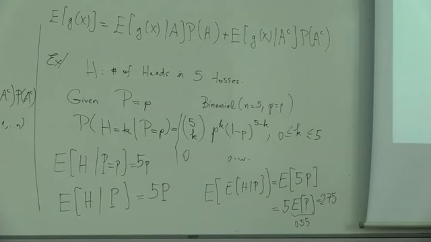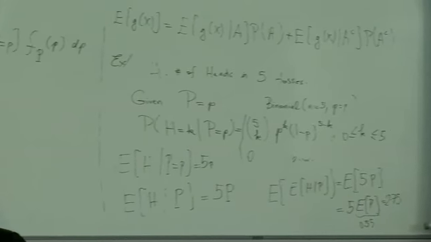So let's do an alternative solution for this, essentially using the total expectation theorem. So the expected value of H is equal to the integral of the expected value of H given P equals p, times the density of P, dp.